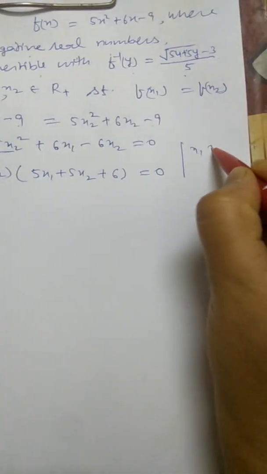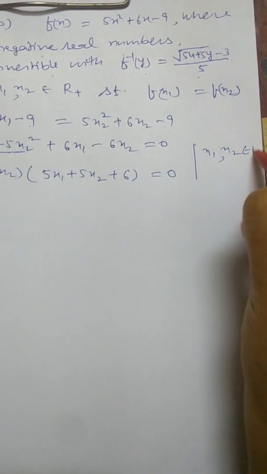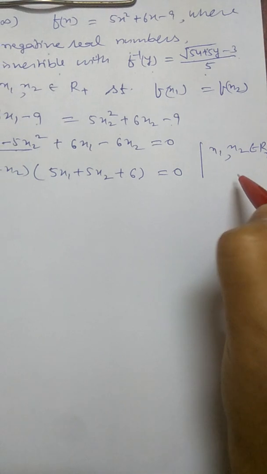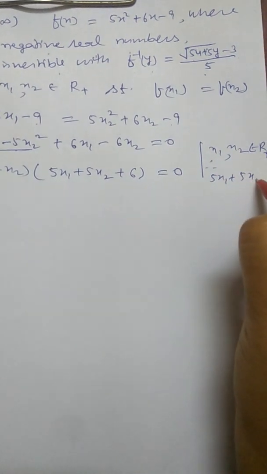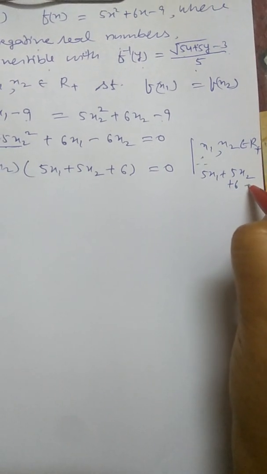As you know, x1, x2 belong to R positive, and therefore 5x1 + 5x2 + 6 is not equal to 0.